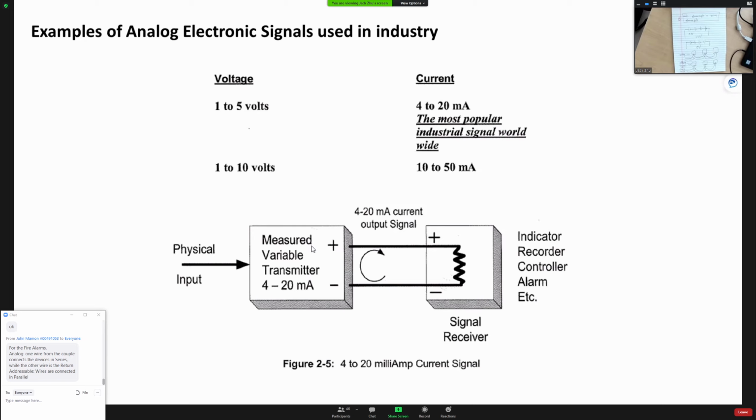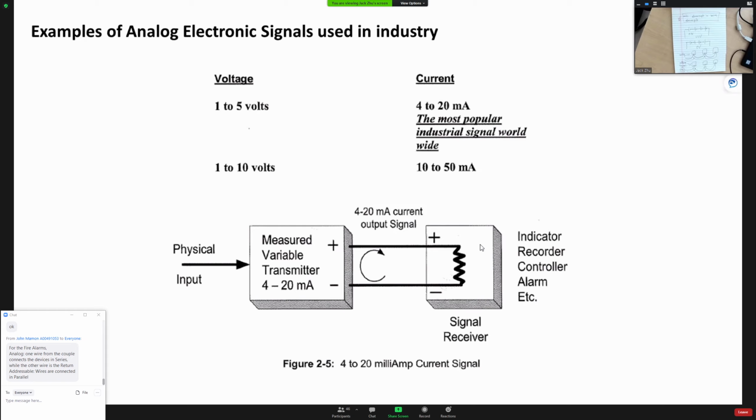So basically down here, if this transmitter's output is 4 to 20 milliamps, the minimum current will be 4 milliamps and the maximum current will be 20 milliamps. And for this recorder or indicator or whatever, this type of signal receiver, if you put in a 250 ohm resistor down here, when this current comes to here, you get a voltage range between 1 to 5 volts.